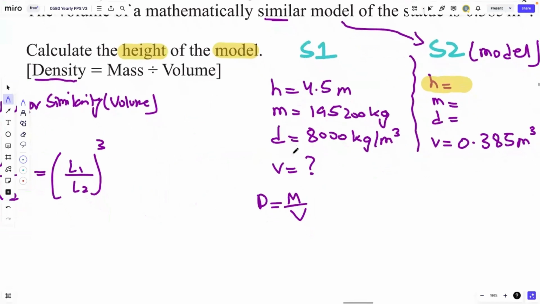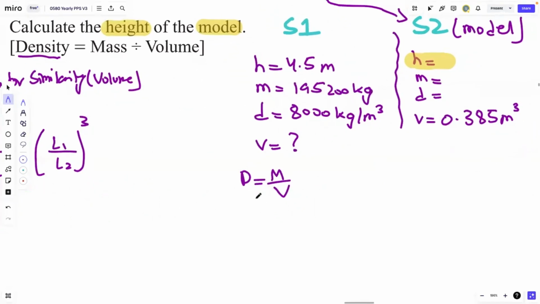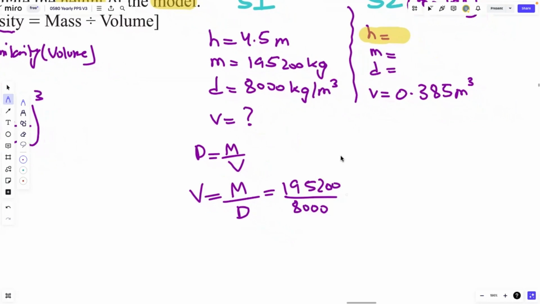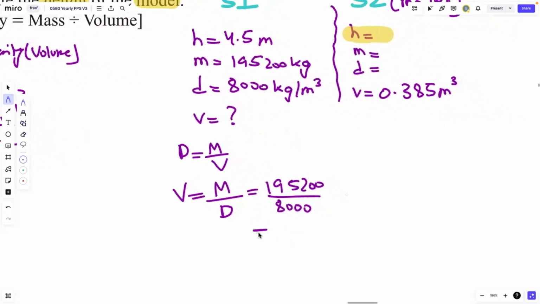We do have density and mass, so we isolate volume: volume equals mass over density, which is 195,200 upon 8,000. The kg and kg cancel out, we get meter cube. On the calculator, 195,200 divided by 8,000 gives 24.4 meter cube, your volume.